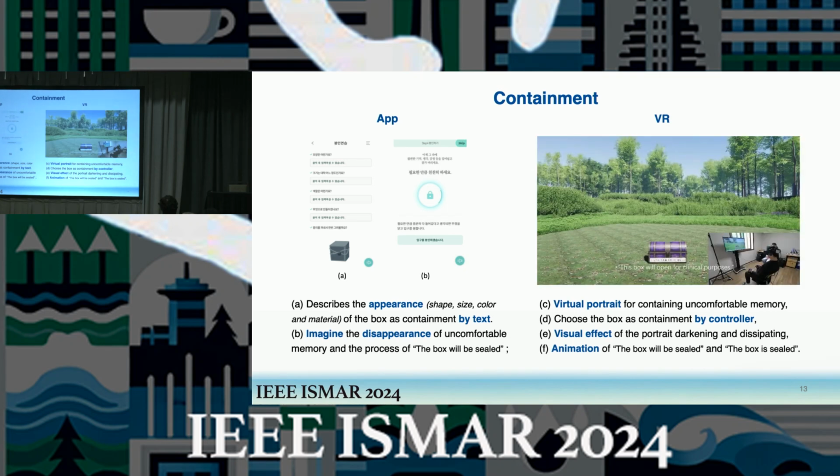The existing containment technique in the mobile app intervention is based only on mental imagination. However, our VR intervention enables users to virtually observe the virtual portrait containing the uncomfortable memory, observe the box opening and closing, and clearly hear the box being locked.